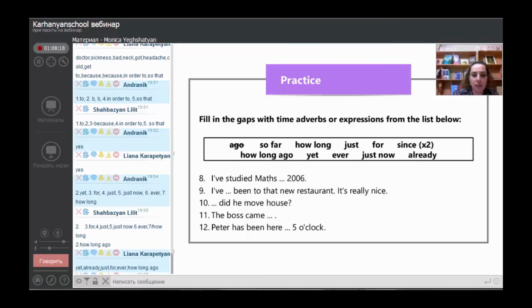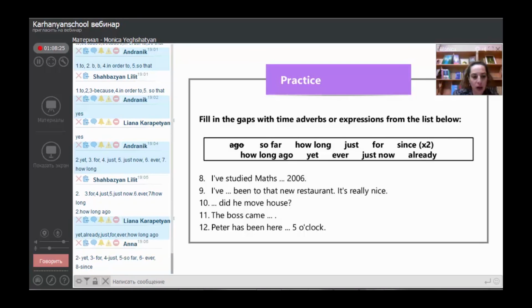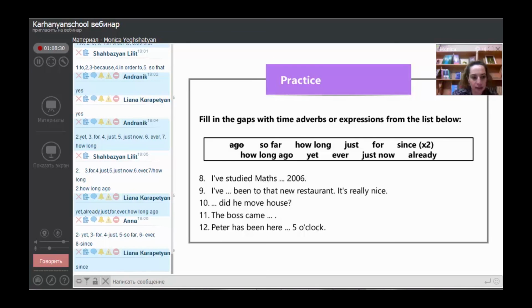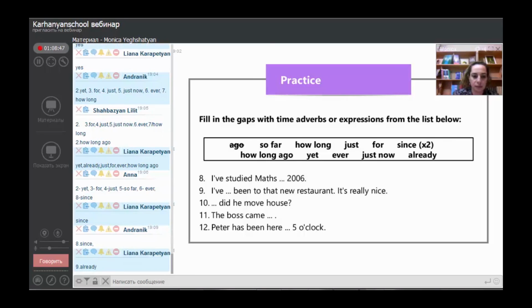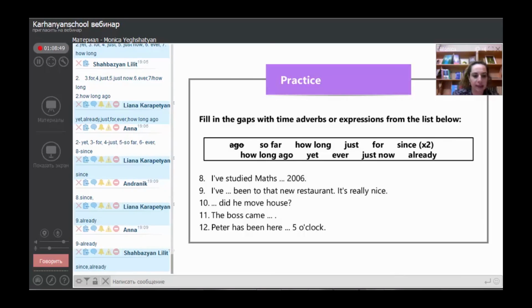I have studied maths. The 8th one, what are we? Yes. Who else? Okay. Now the sentence number 9. Yes, I have already been to that restaurant. It's really nice.